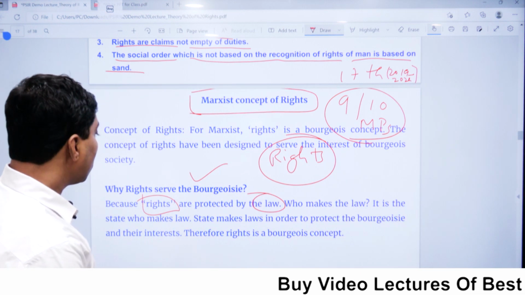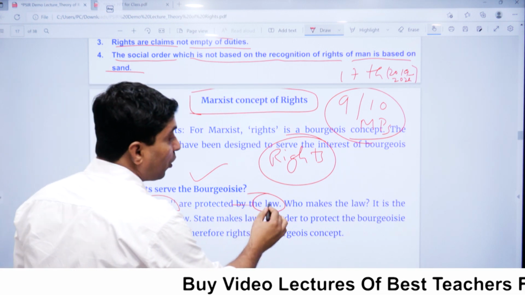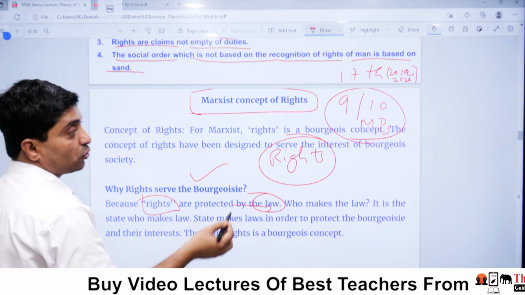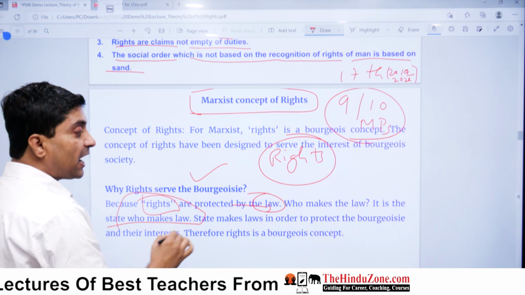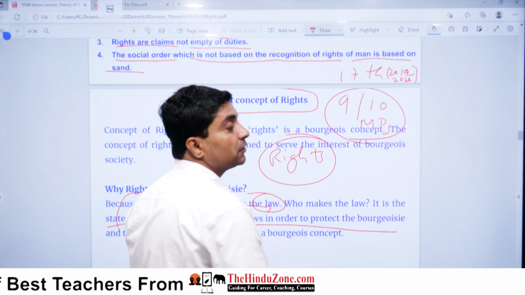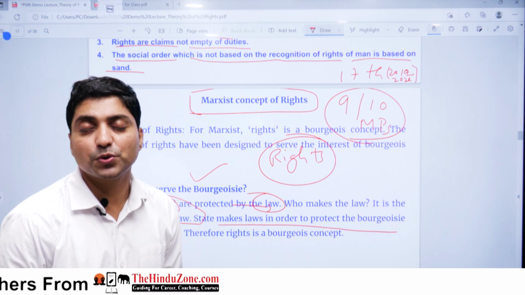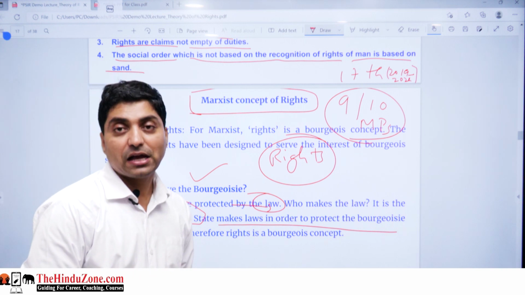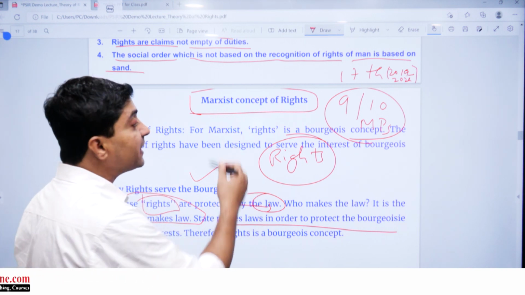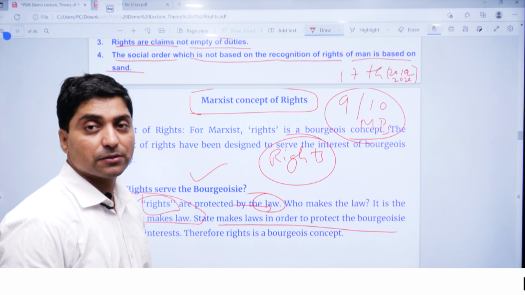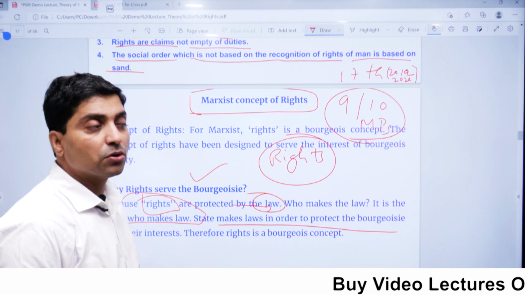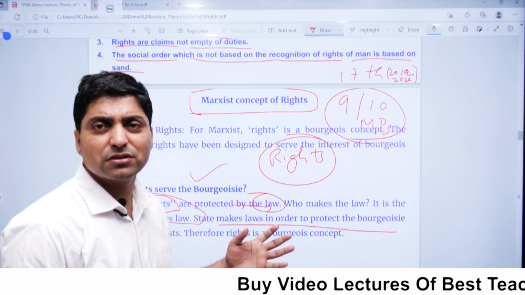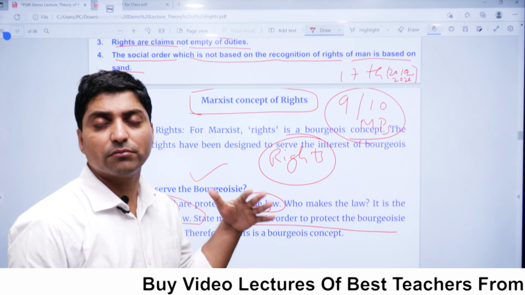So rights are protected by the law, and who makes the law? It is only the legislature which makes the law, and the state is nothing but a servant of the interest of the bourgeoisie. And that is why rights as a concept is a bourgeois concept. So Marx's idea of rights is totally different from the liberal idea.